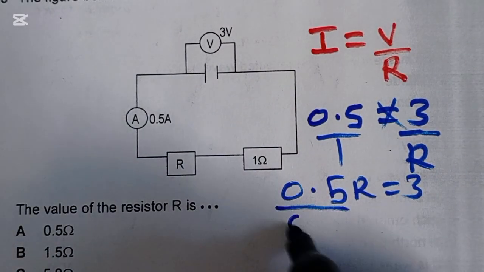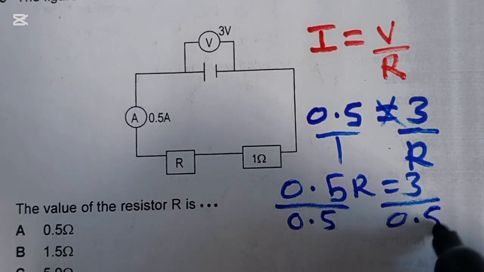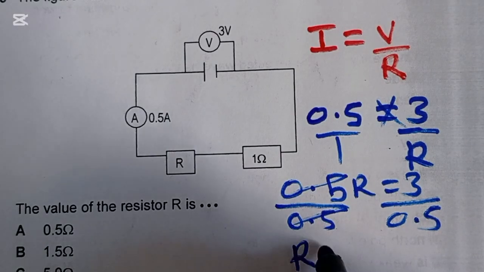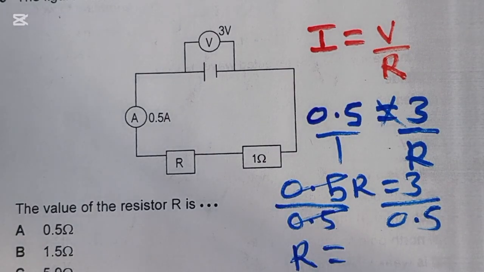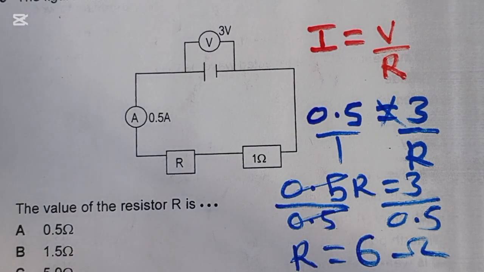So R is equal to 3 over 0.5, which is 6. So the total resistance is 6.